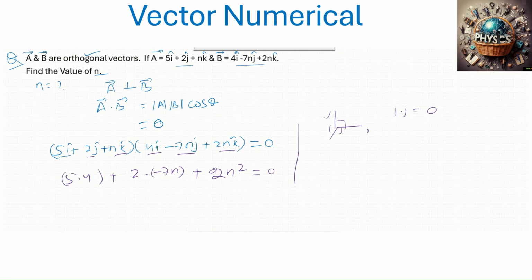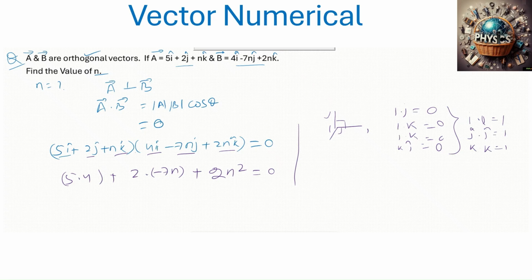So all of this, i dot j, i dot k, j dot k, k dot j, are going to be 0. Whereas i dot i is 1 into cos 0 degrees, which is 1. Similarly, j dot j is also 1, and k dot k.